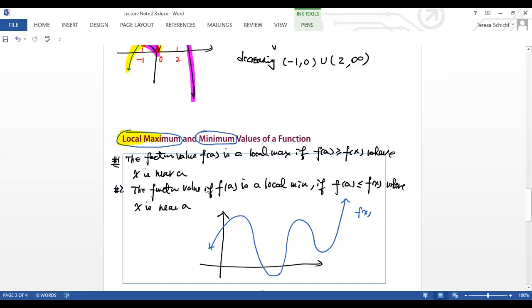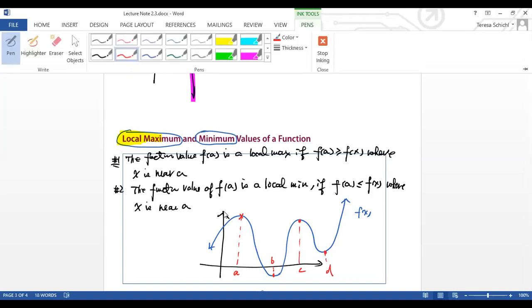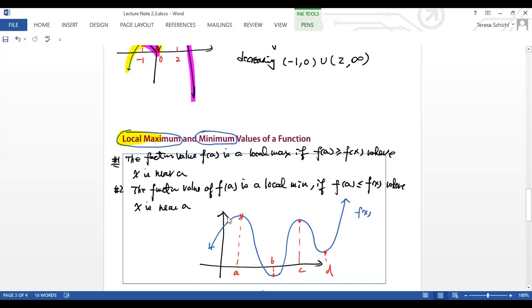So first, let's take a look at this point here, x equal to a. Let's say this is b, this one is c, and this one is d. So this here is f of a.